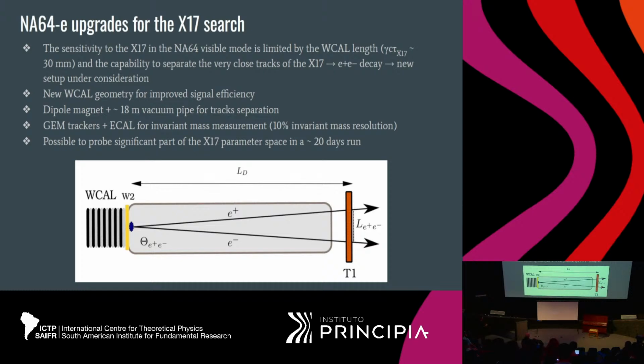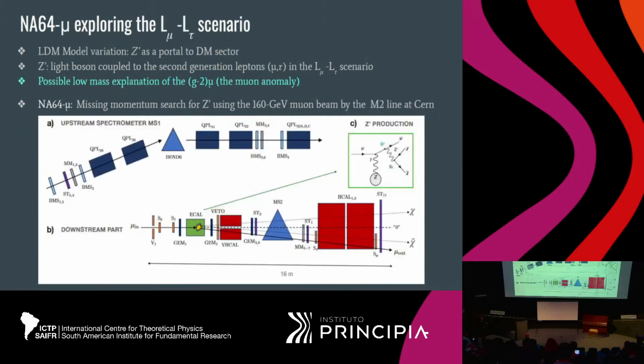Then you use a vacuum chamber with a magnetic field to separate the tracks and measure correctly the angle between the electron and positron. This is a way to overcome the limits of this measurement. This possibility is being discussed in the collaboration, and probably in the next few years it will be adopted to perform a final measurement of this anomaly.